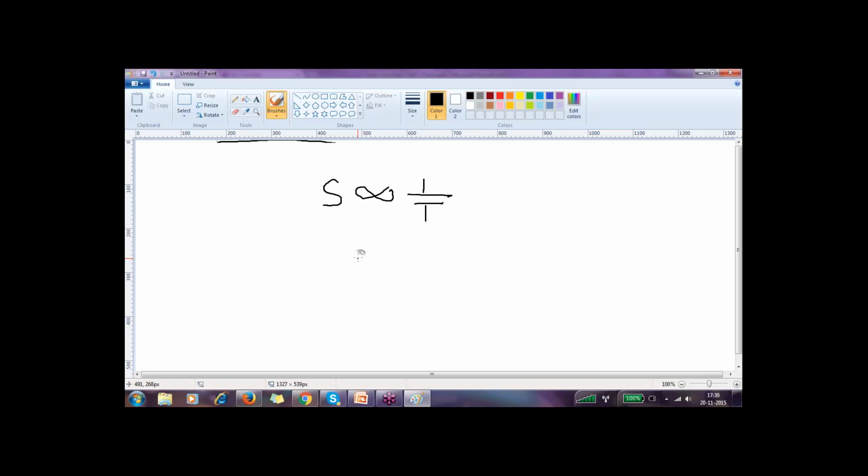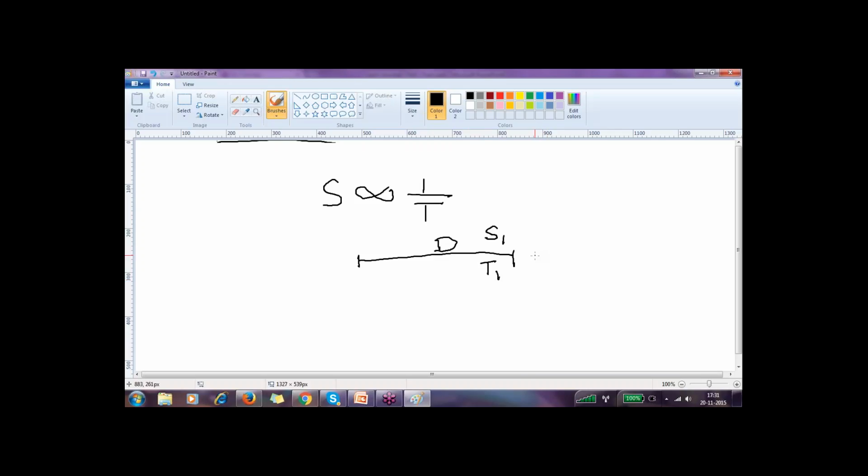This means that suppose you have a distance d, and keeping the distance same, you cover it in different times. Suppose you go with s1 speed and t1 time, you cover this distance.